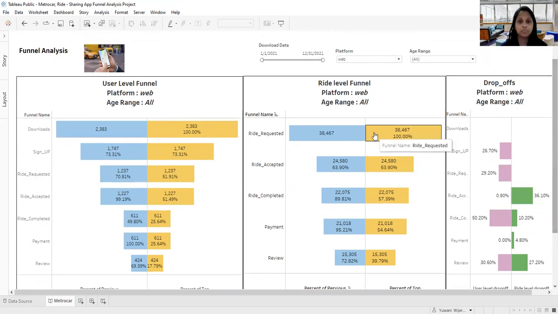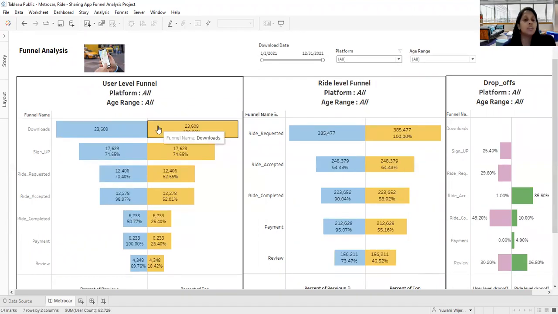And as you can see in this funnel, in the user level, there are specific stages where we can see significant drop-offs. The first drop-off can be seen in the sign up stage.